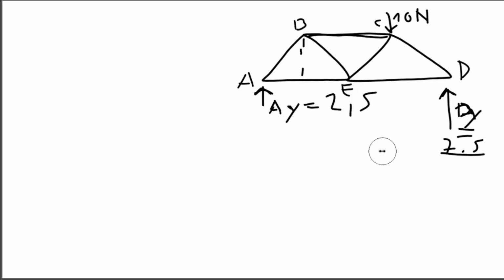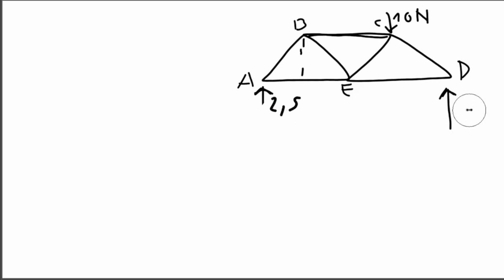Now we'll do the method of sections, and okay, to make it even simpler, I'll actually write just the values without the names for the reaction forces, because that also takes up a lot of space. So this is 2.5 newtons going up there, and then by, that was 7.5.